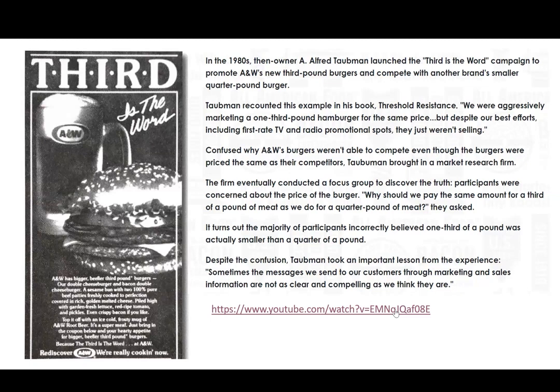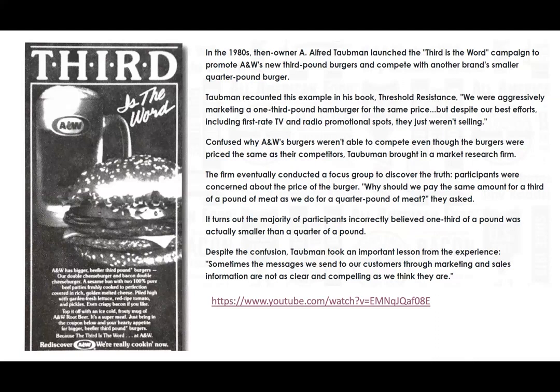In the 1980s, A&W launched an advertising campaign to promote a new third-pound burger. It was bigger and beefier than the competition's puny quarter-pound option, and the price was the same. So how come nobody bought it? Turns out, Americans are just terrible at math, like really bad. Everybody thought that 1/3 was smaller than 1/4 because 4 is bigger than 3.